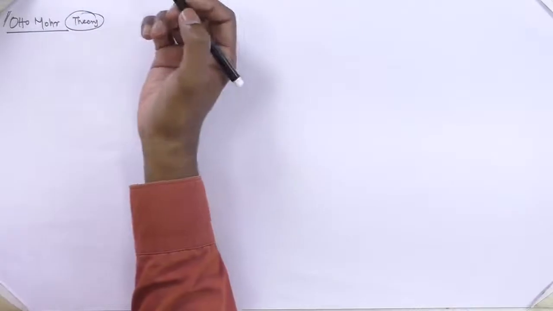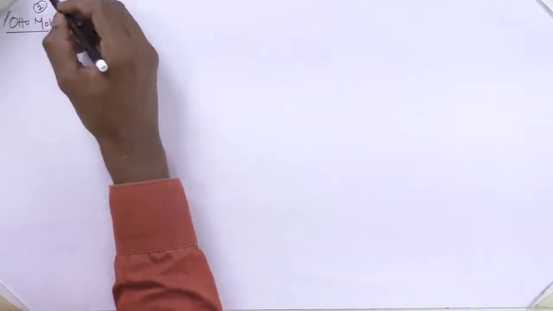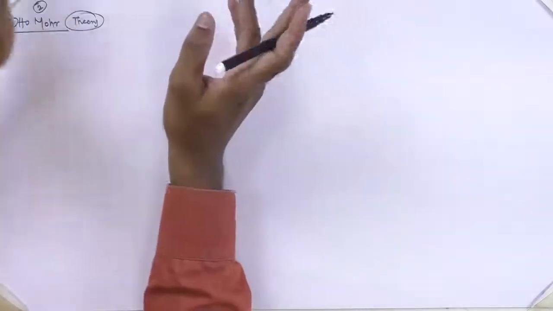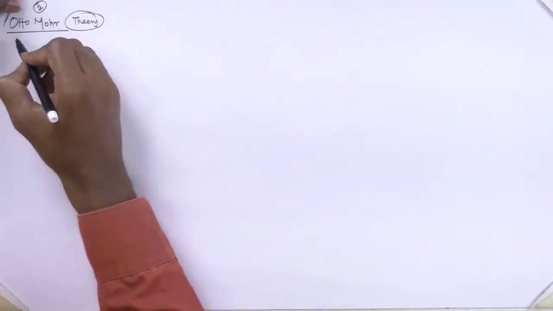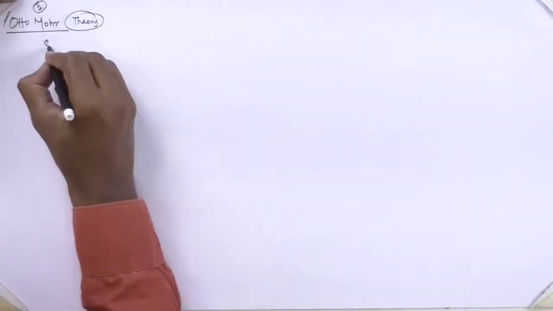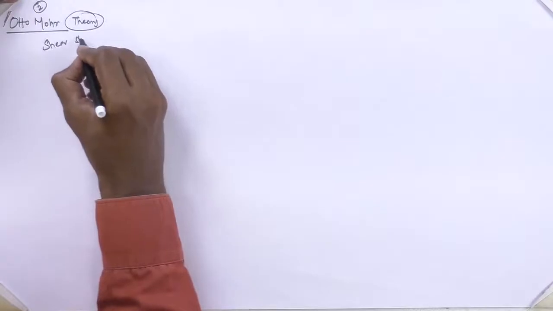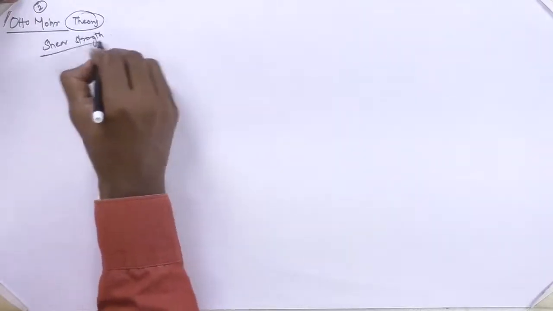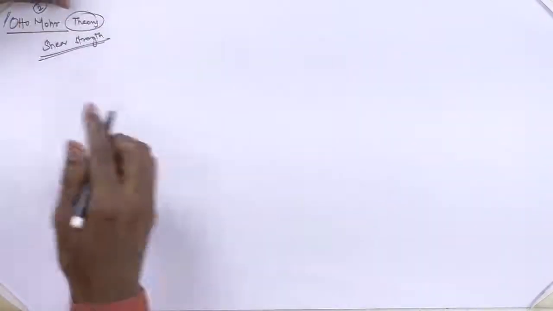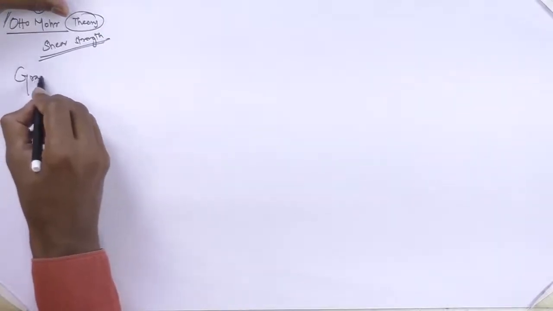Now coming to the next part, Coulomb has done some work. I have explained that. This is the work of Mohr on the same shear strength. He has a graphical representation.